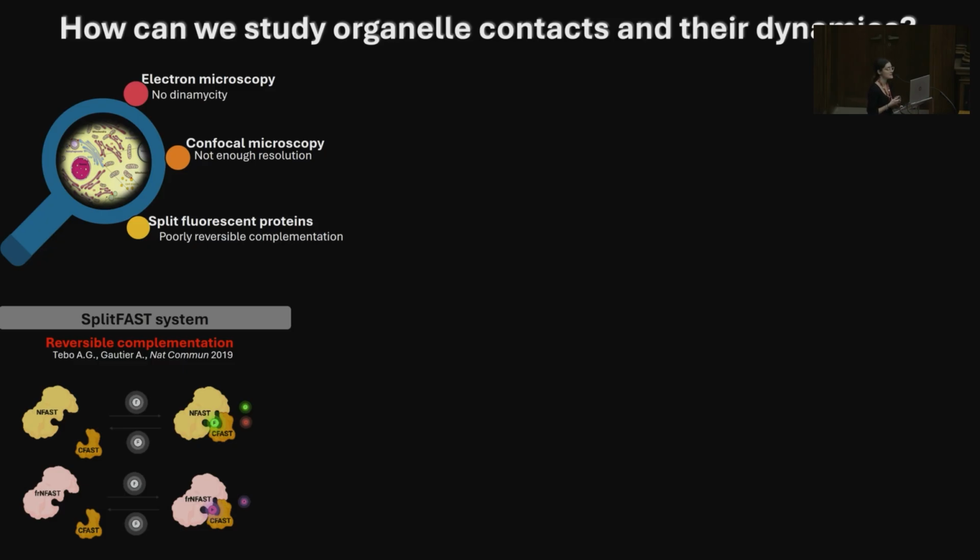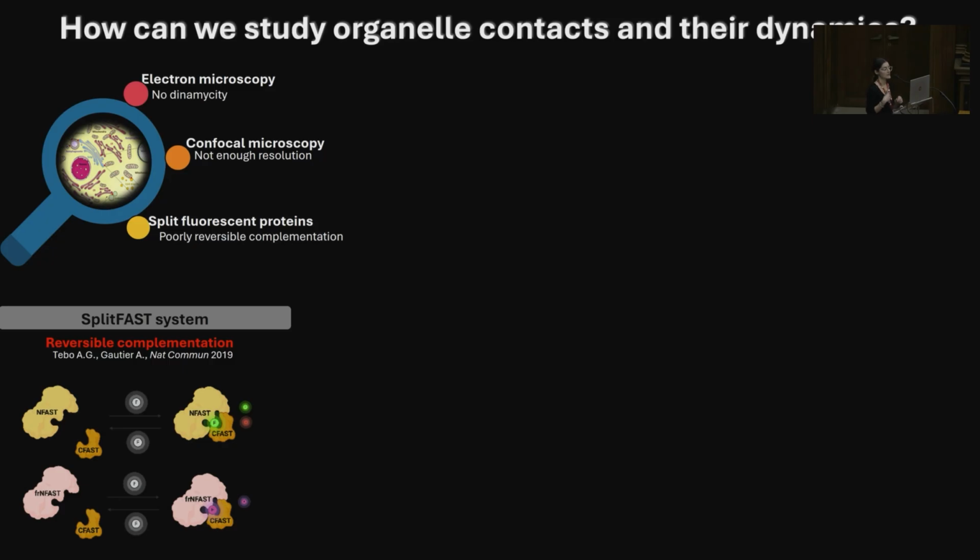This system is based on the FAST protein, which is not a fluorescent protein per se. This protein has been divided in two portions, the N-FAST and the C-FAST. Only when the two portions are really close to each other can they bind and reconstitute a pocket which can bind a fluorogen, which is not fluorescent, but becomes fluorescent when it binds the reconstituted FAST protein.